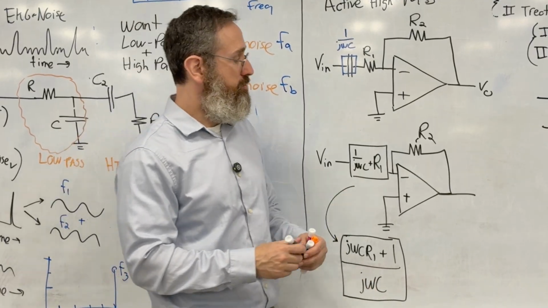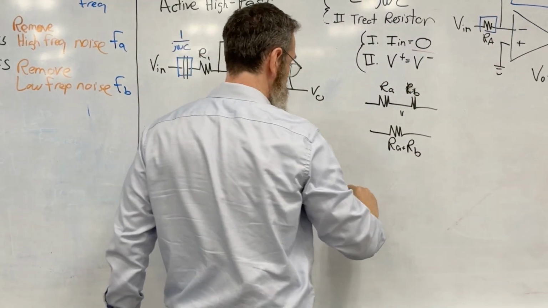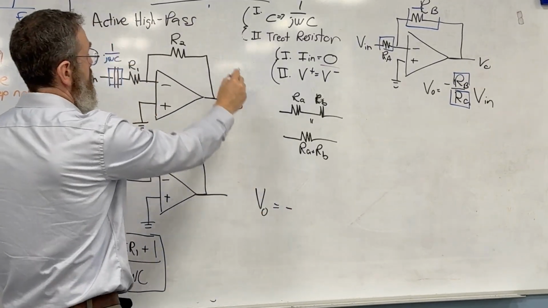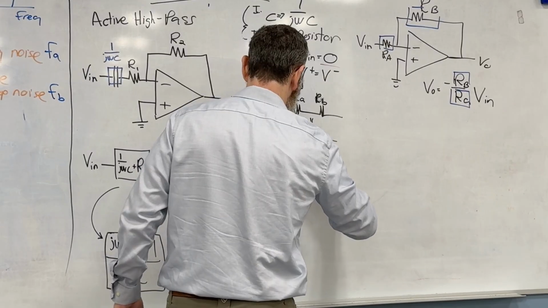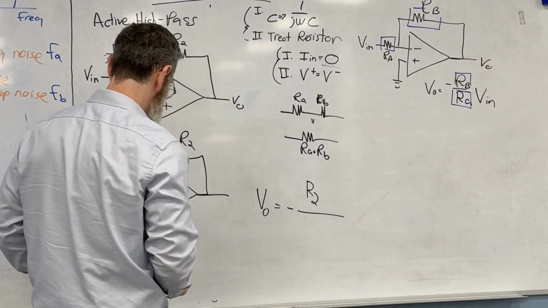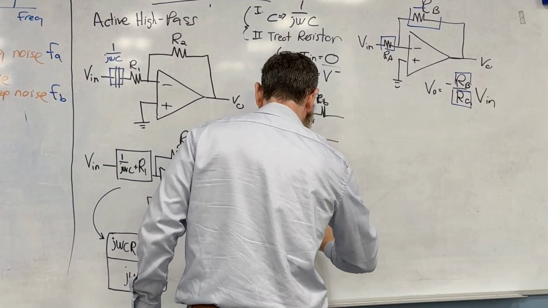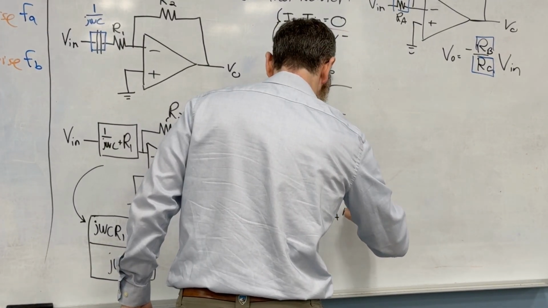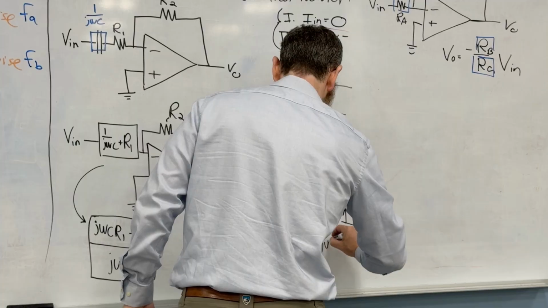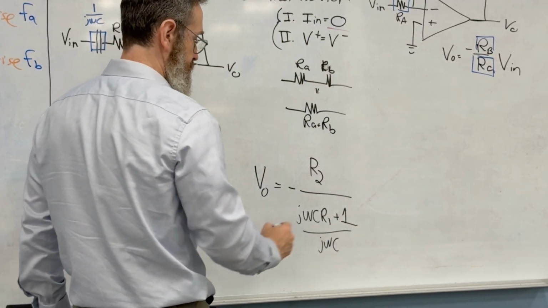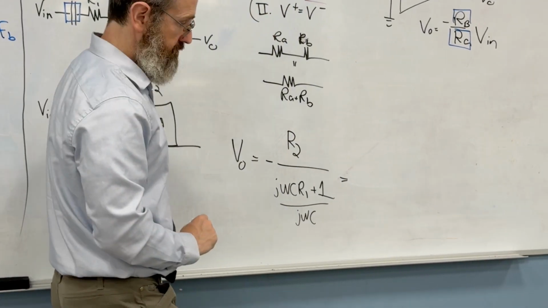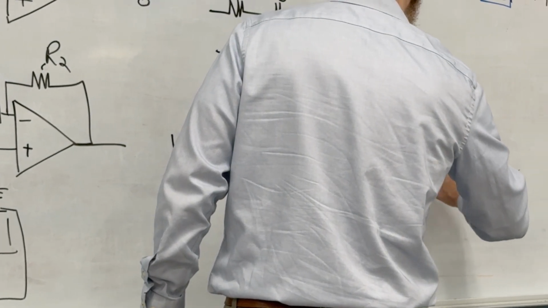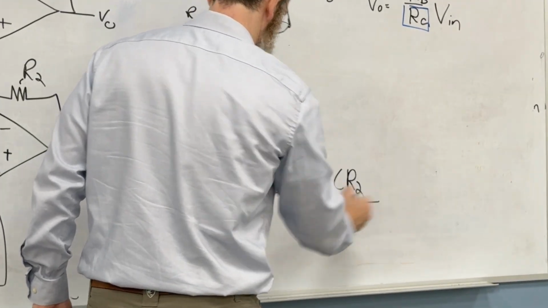Okay, now we're ready to write the equation, which is that equation right here. I'm going to say V out is equal to negative of this resistor, so that's going to be R sub 2, over this resistor, so that's going to be jωC R sub 1 plus 1 over jωC, equal to minus jωC R sub 2, there they go, right?